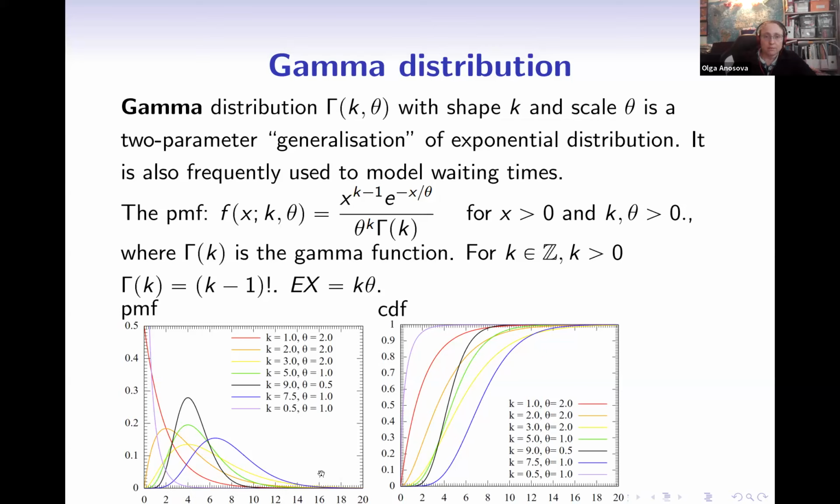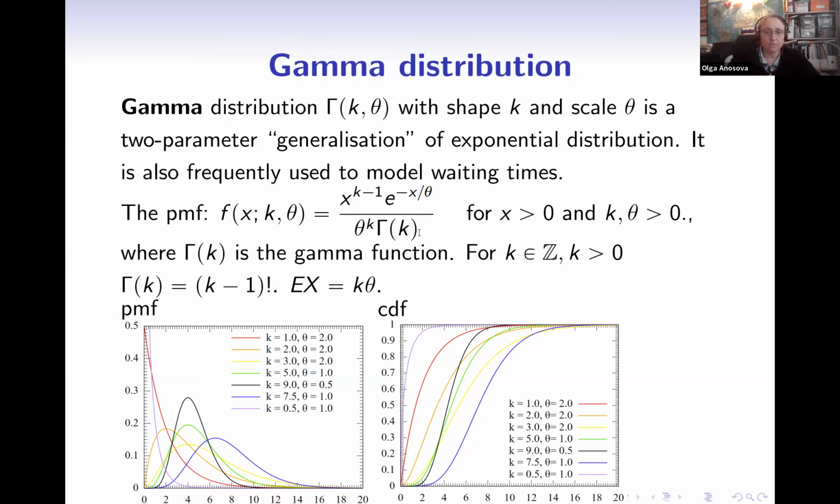And the gamma distribution, strictly speaking, is a 2-parametric family of distributions. Now it's not just 1 parameter, but 2 parameters. One of them is thought to describe more or less the shape, and the other describes the shift of the distribution.